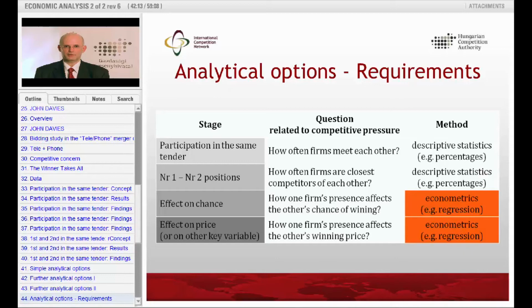In the telephone merger case, we performed a multiple regression analysis to find out the effect of participations of competitors on suppliers' chances of winning. For various reasons, the results were not conclusive, but they did not contradict the findings of the previous analysis. We were not able to carry out an analysis on winning prices. ICT projects were substantially different from each other.